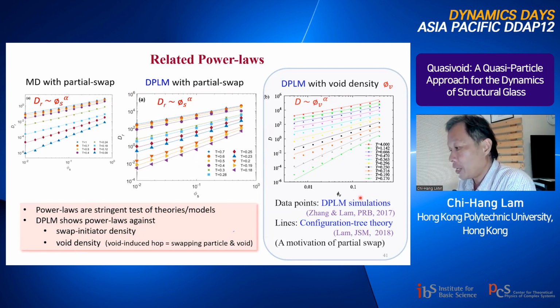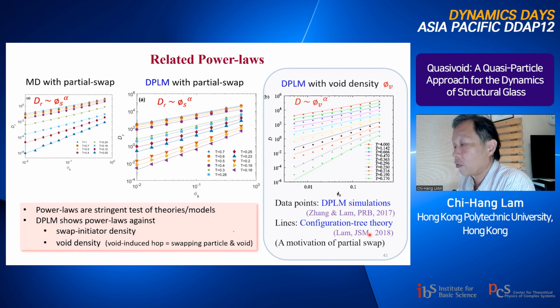Actually, earlier, this is a simulation with the standard DPLM without swap, but with the void-induced dynamics. So we plot the diffusion coefficient of the particles against the void density rather than the swap initiator density. We get similar power laws with similar exponents. Now, the data points are from simulation.